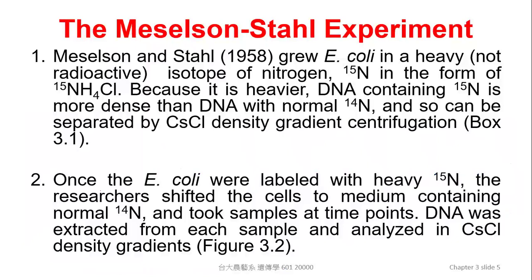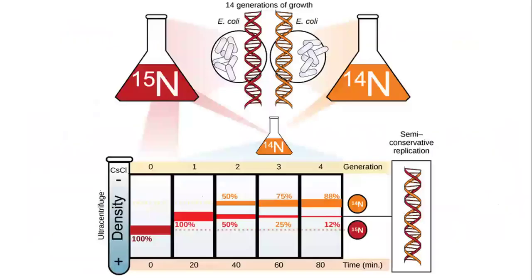And we have seen in one of our lectures the elaborate experiment by Meselson and Stahl on how they were able to come to the idea that this particular process is semi-conservative. Now, let's see.